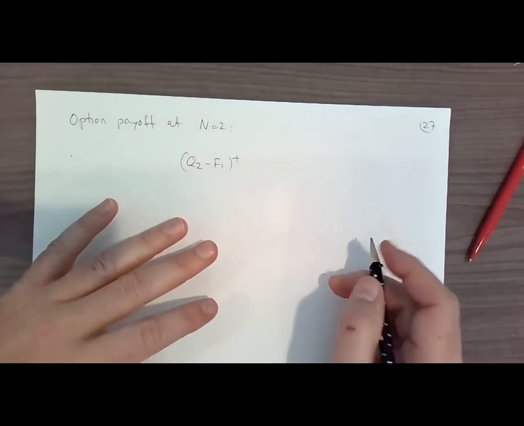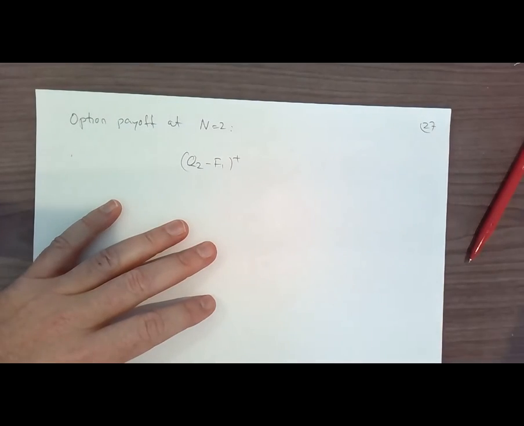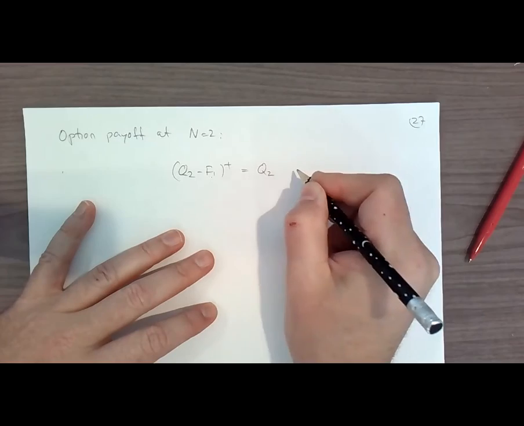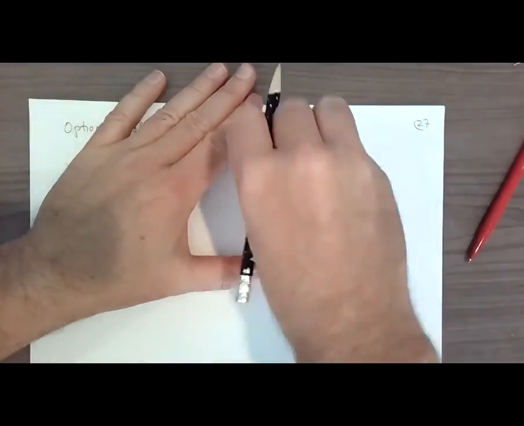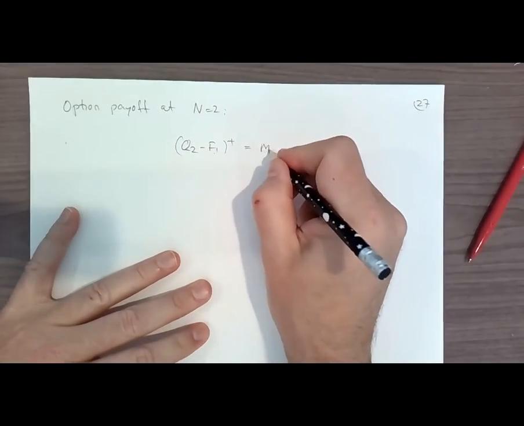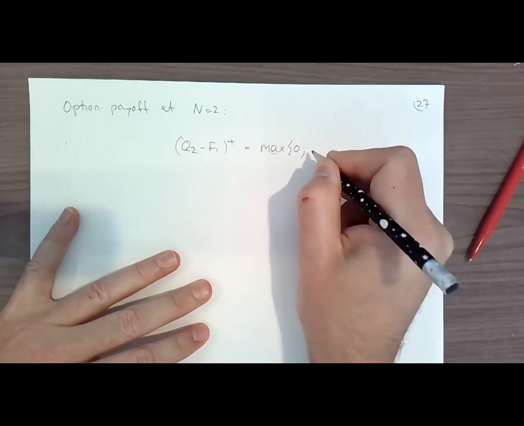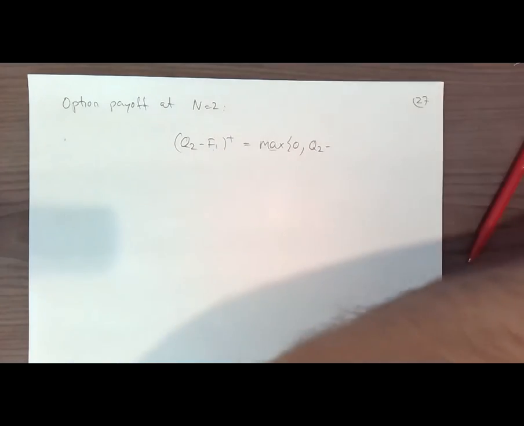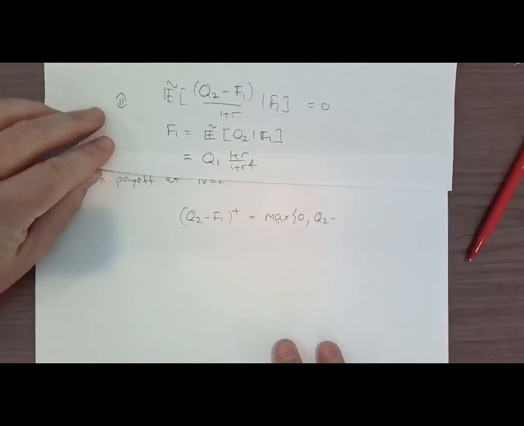And now we have an expression for what F1 is. So this was Q2. We can write it out in terms of max to make it more clear, perhaps. So we have a max with 0, and then Q2 minus, and then plug in what F1 was. Just calculate what F1 was.